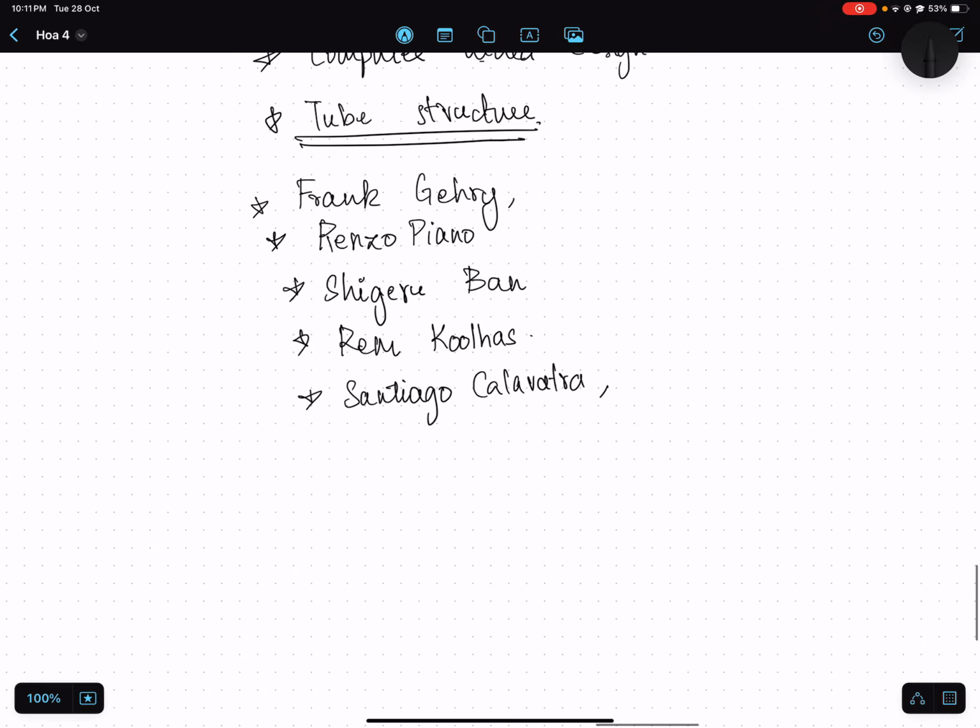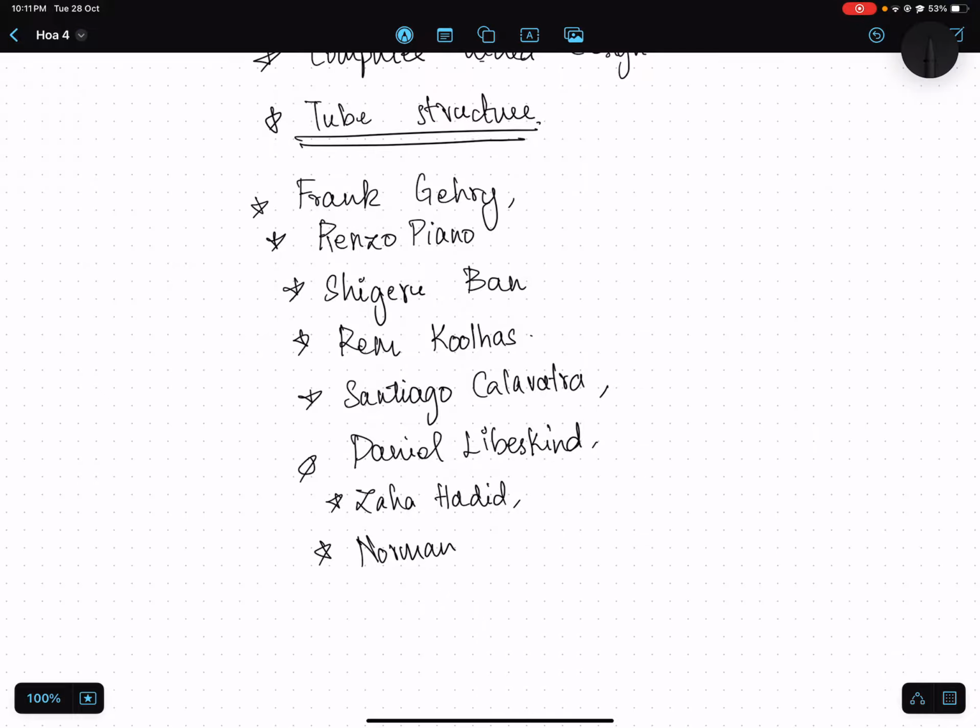We have Daniel Libeskind. All these people also were part of deconstructivism. So we have Daniel Libeskind, Zaha Hadid, Norman Foster, and the list goes on, but I'm gonna stop now.